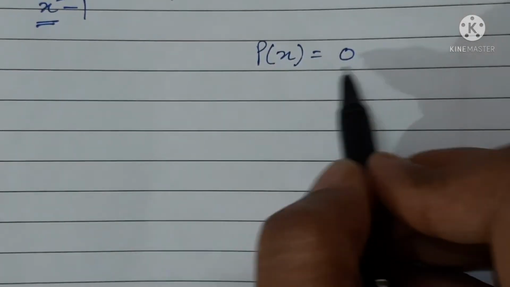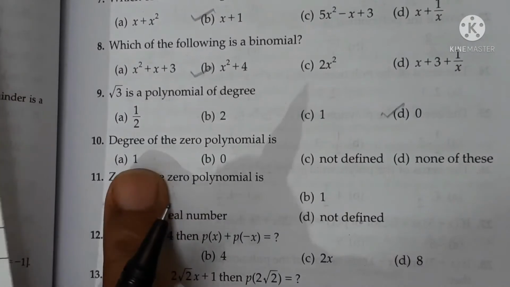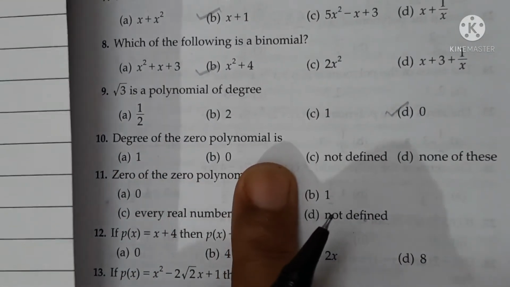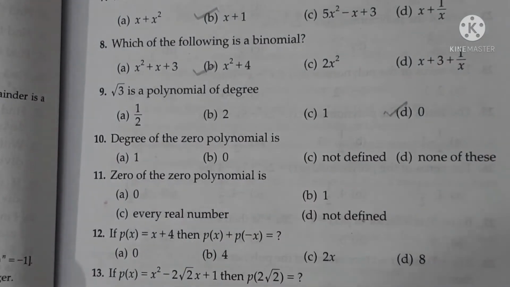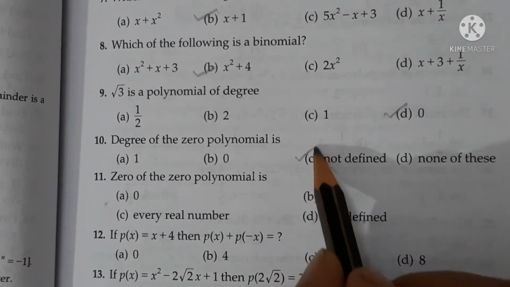This is called the zero polynomial. And what is asked in the question, the degree of the zero polynomial is not defined. Option C is correct.